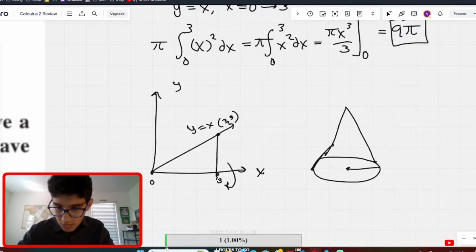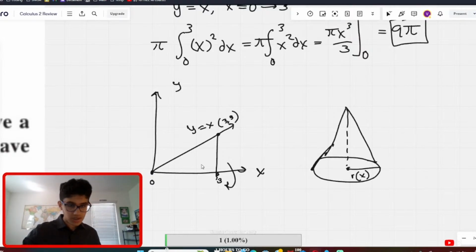It looks ugly now, but just bear with me. This is r of x. This is h of x. But in this context, h of x is literally just x, from 0 to x. Over here, x is 3, so this is just 3. Similarly, r of x, the way we've defined it, we've gone from 0 until 3. So this is also just 3.